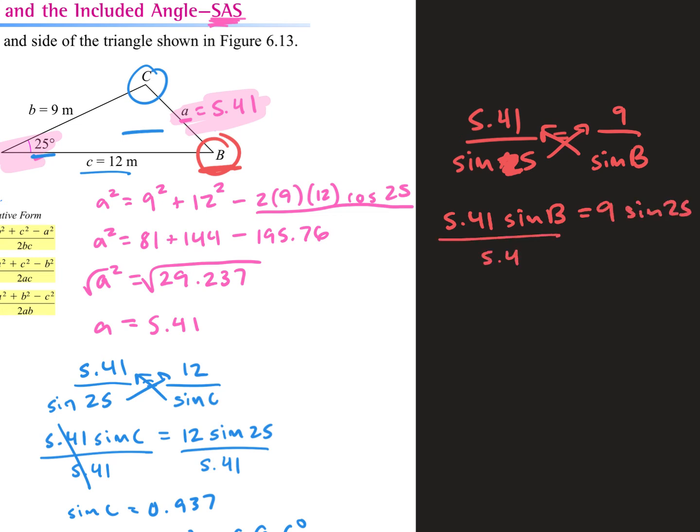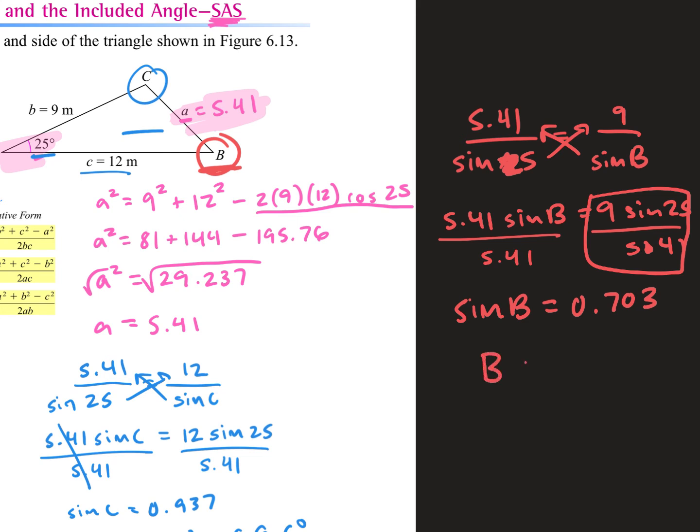Divide by 5.41. So sine of B is equal to 0.703. And then we have to take the inverse of this. So I got angle B is equal to 44.67, or I could just say 44.7.